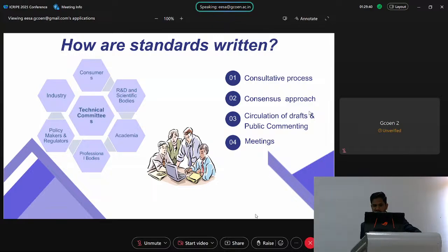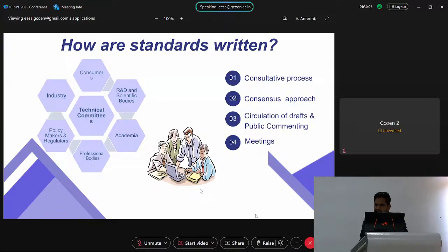Then academia, our MOE institutions and different colleges. Then professional bodies, policy makers, government regulators, and the industry that manufactures that product. And at the center, BIS acts as the technical committee member secretary, who is responsible for the formal preparation of that standard.